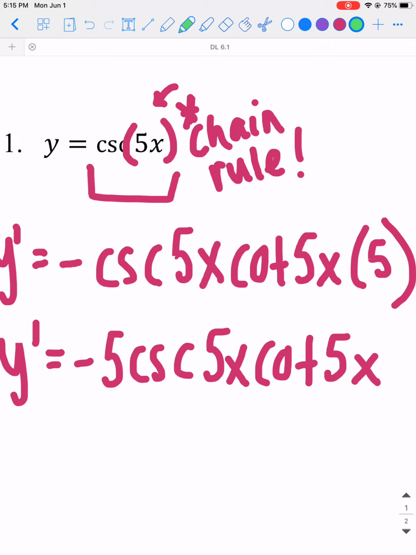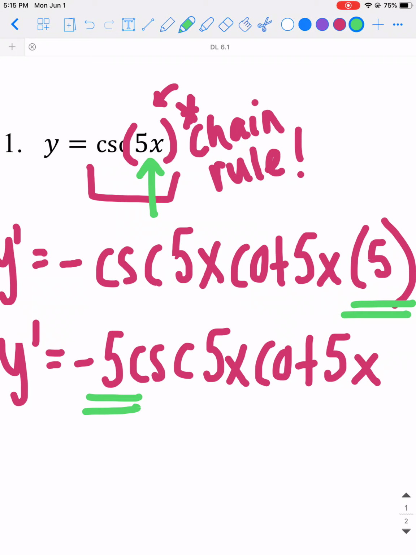So it seems like a few common misconceptions here are, one, not putting in this set of parentheses, then you're missing this 5 in your answer. So if you don't also take the derivative of the inside of whatever that trig function is, you're missing a step.